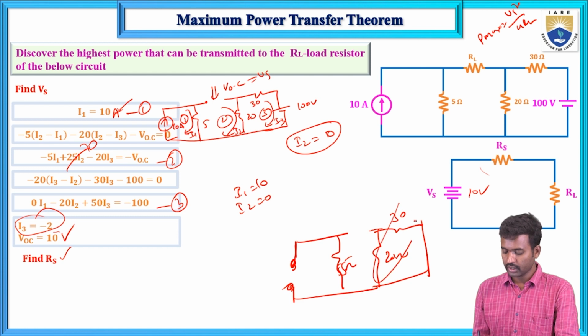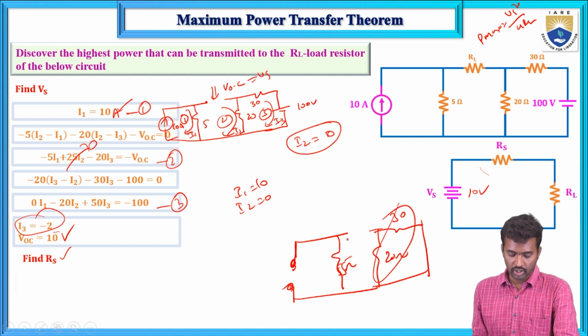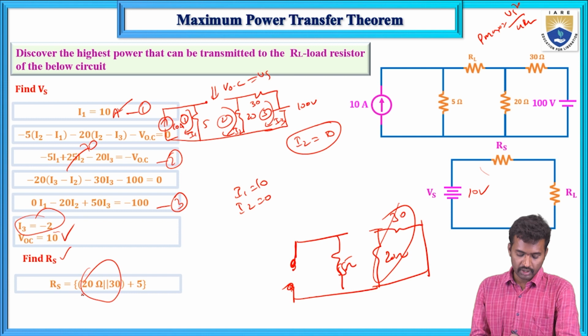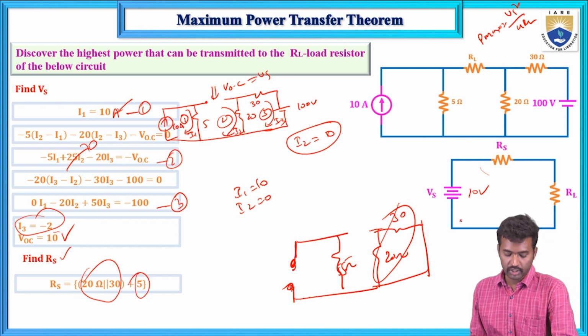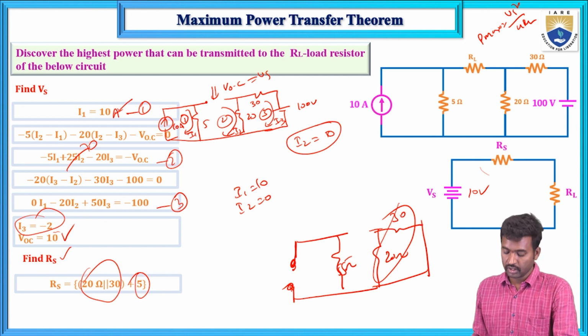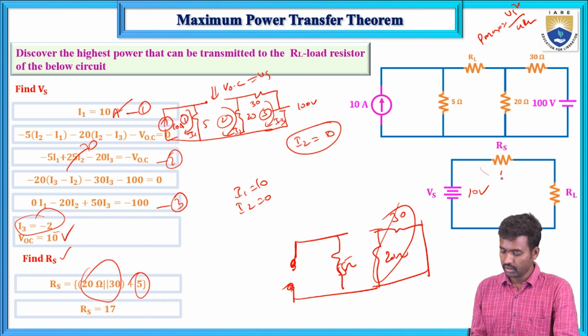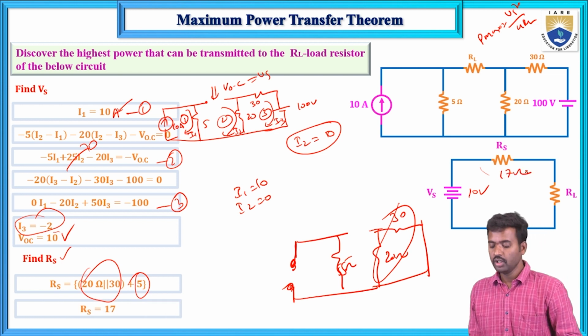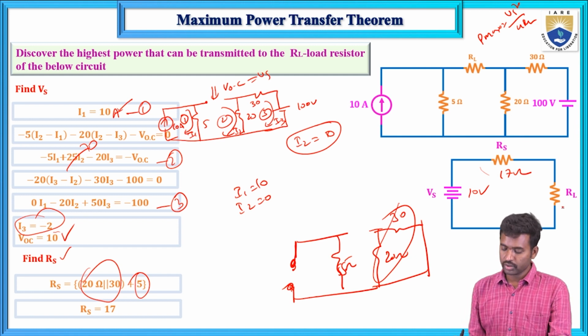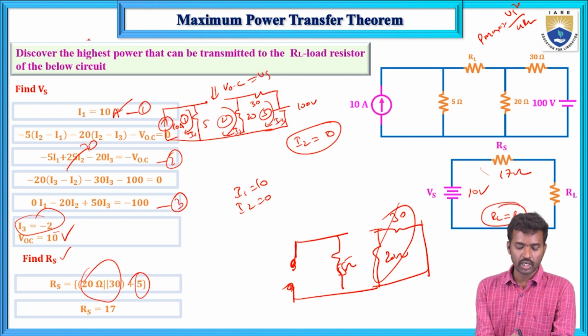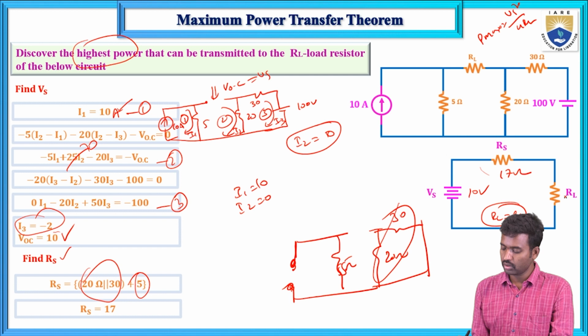Now 20 and 30 ohms are connected in parallel, and that is again in series with the 5 ohms. The simplified value is 17, so the RS value is 17 ohms. Now we have 10 volts, 17 ohms, and RL. At the maximum power condition, when RL equals RS, the highest power is transferred to the load, so RL equals 17 ohms.